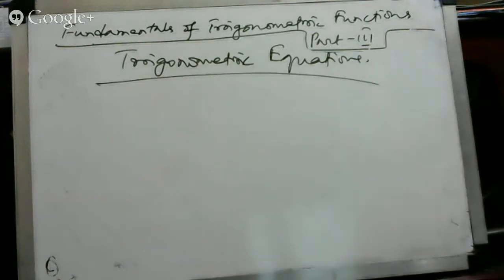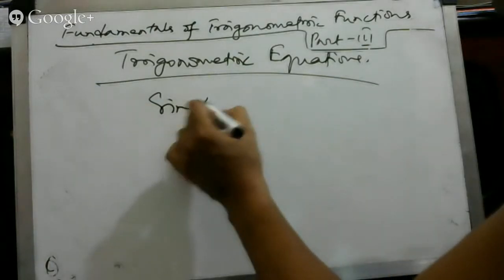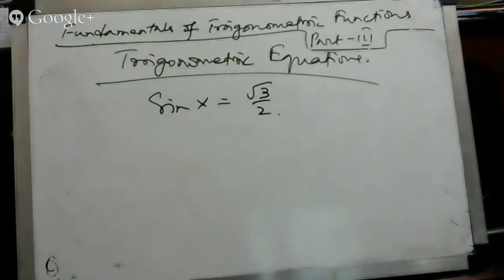Now, what are trigonometric equations? Trigonometric equations are equations involving trigonometric functions of a variable. Okay, so how do you use it? For example, if we are given sine x is equal to root 3 by 2, we need to get the value of x.